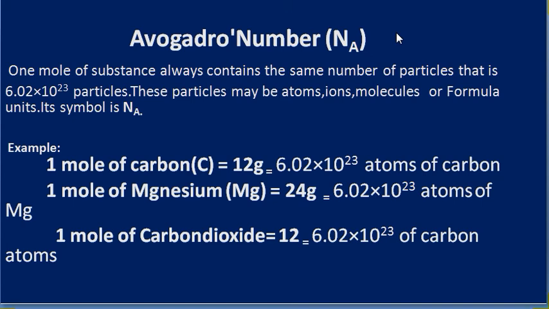That is the Avogadro number. These particles may be atoms, ions, molecules or formula units. So they are saying that all the elements, whether atoms, ions, molecules or formula units, have the same number of particles. And 6.02 into 10 to the power 23 is the number for 1 unit or 1 mole.